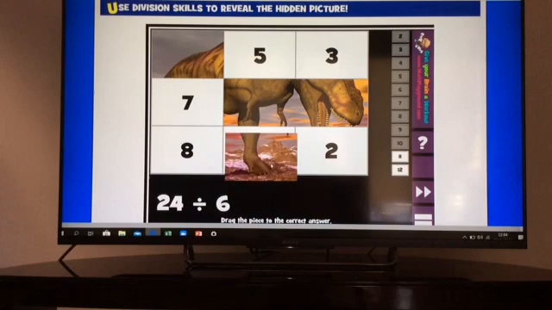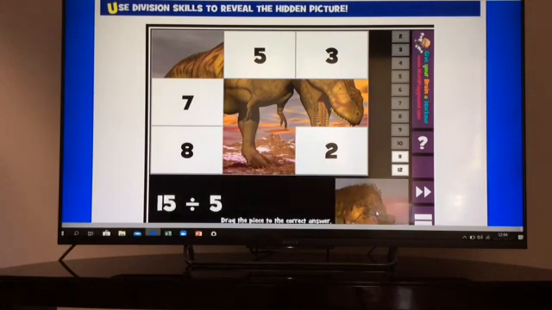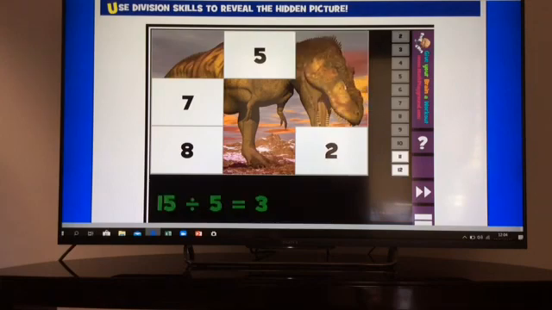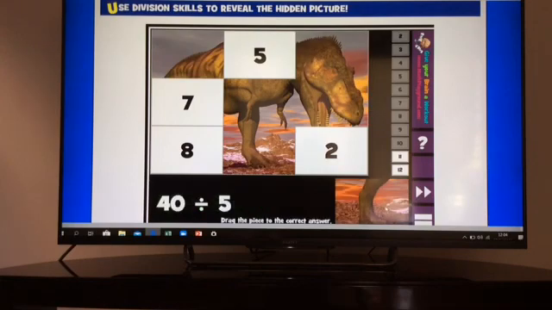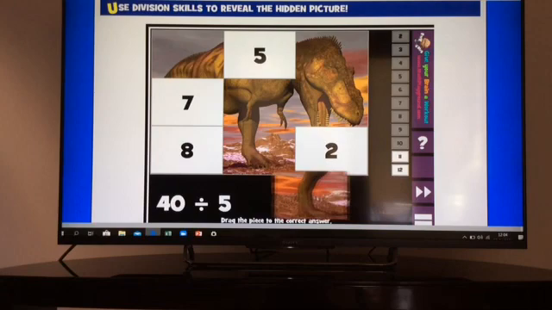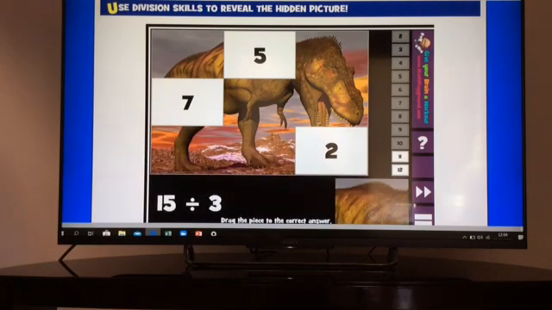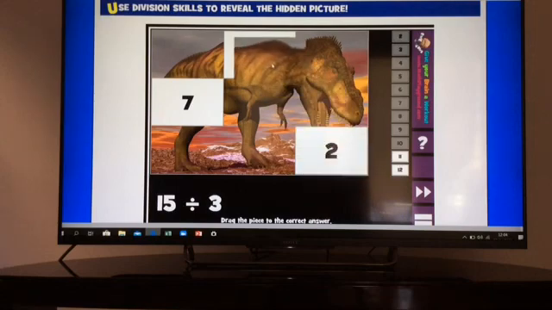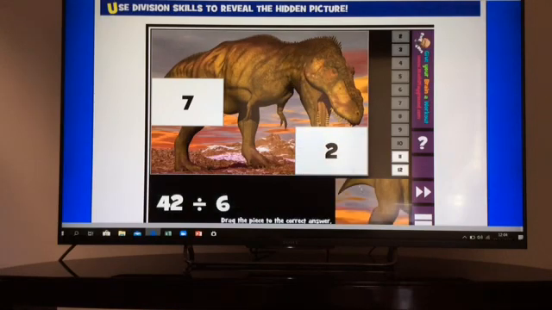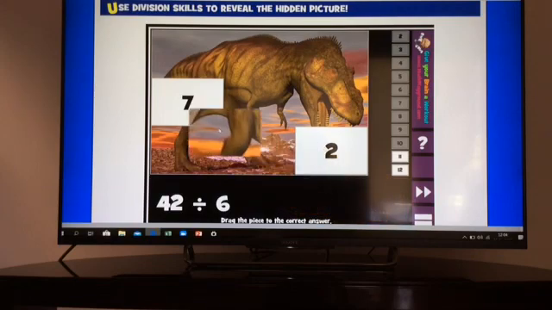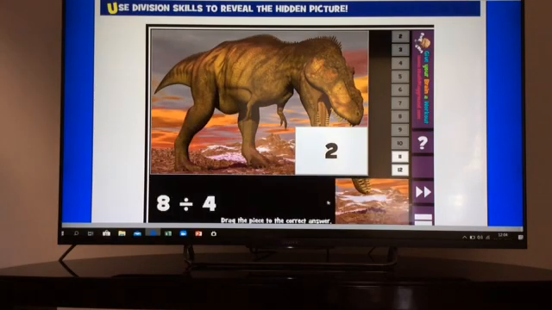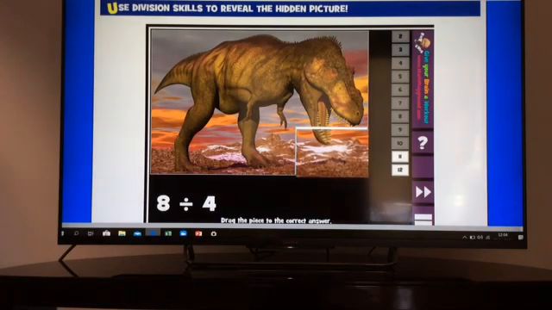The answer is 4. 15 divided by 5 is 3. 40 divided by 5 equals 8. 15 divided by 3 equals 5. 42 divided by 6. The answer is 7. And the last one, 8 divided by 4, to complete the puzzle, is 2.